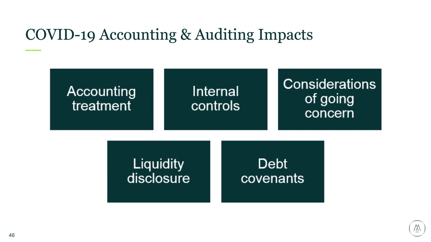B, gaps in internal controls, including cybersecurity. C, potential growing concern. D, poor results shown in liquidity footnote. Or E, not meeting debt covenants. And I'll give everyone a few seconds to respond.